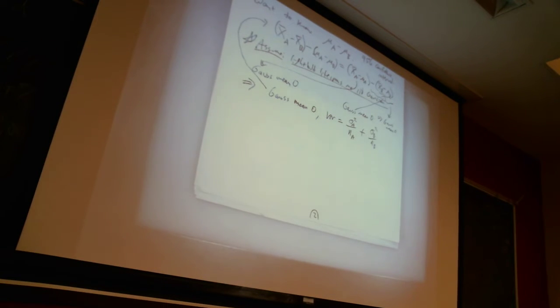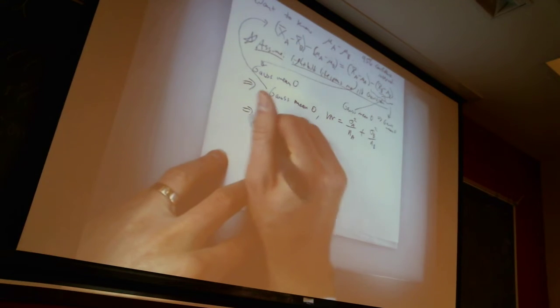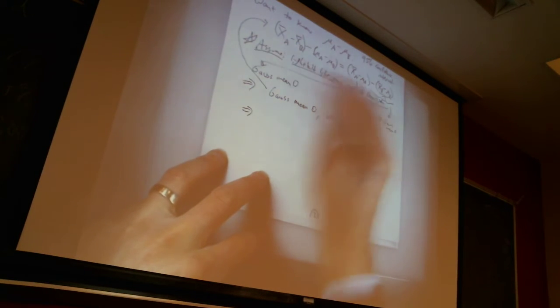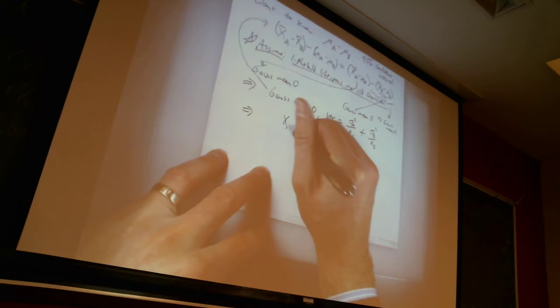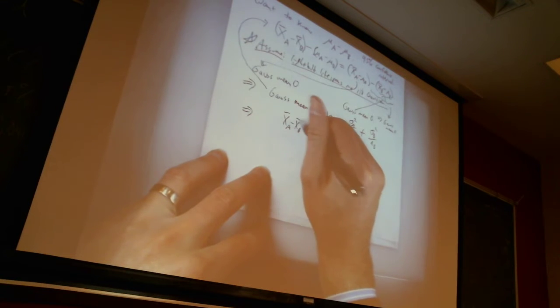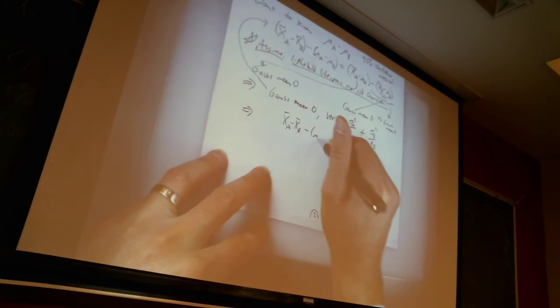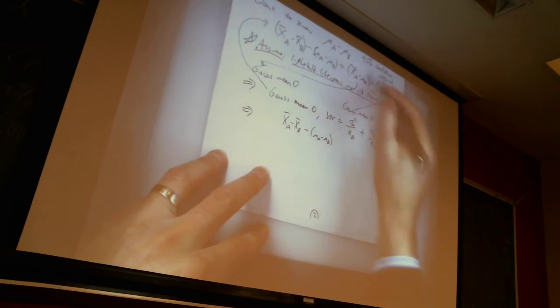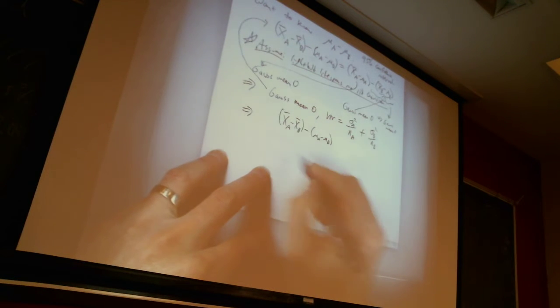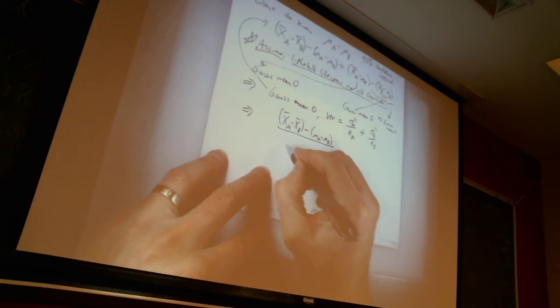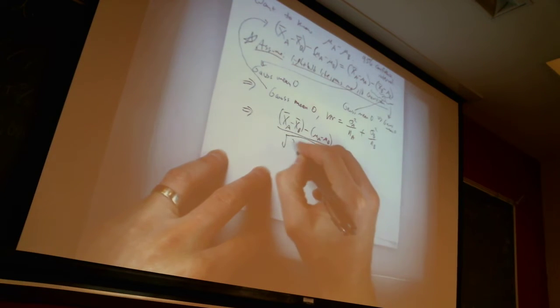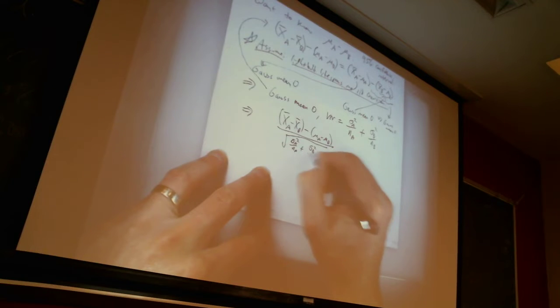So if I want a standard Gaussian normal random variable, that means I should take xa bar minus xb bar minus (mu a minus mu b), that's the same thing as this, divided by the square root of its variance, sigma a squared over na plus sigma b squared over nb.